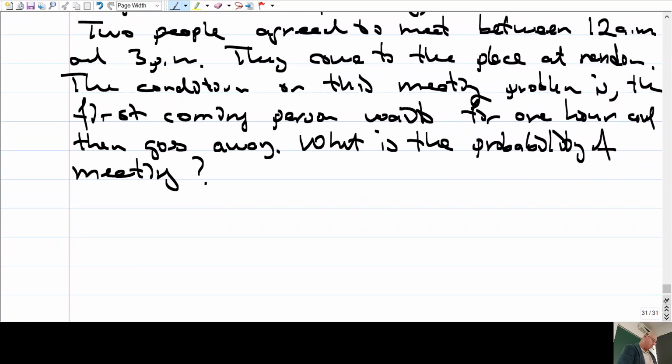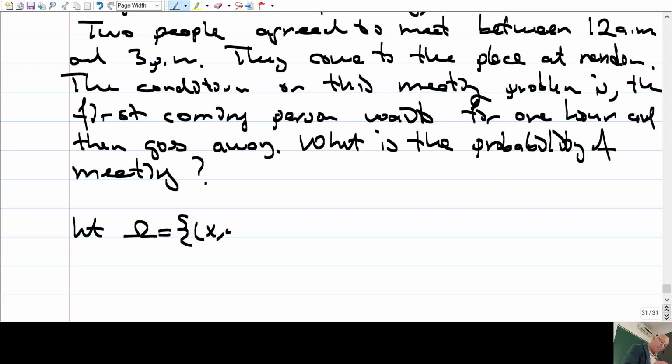Is it understood what the problem is? So how can we solve this? Well, our sample space is the set of pairs x and y, where x and y are the possible times each person will come to the place.